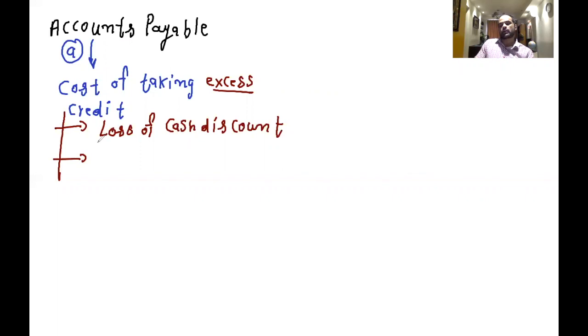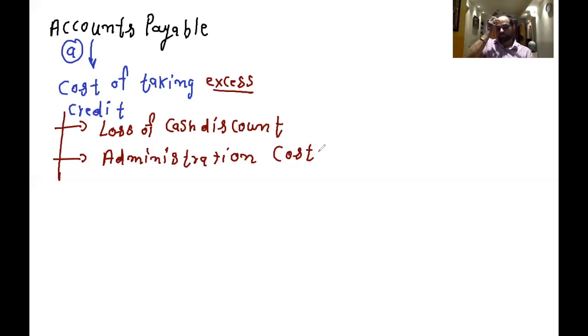Second problem that could occur is administration cost. In this administration cost, of course, you are purchasing supplies on credit from various suppliers.